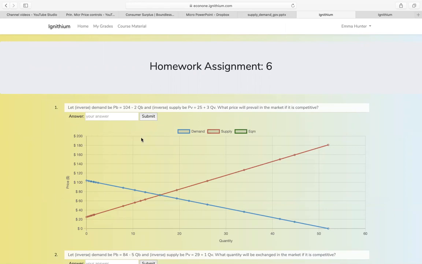So question number 1, normally the most confusing thing for students when they read this question is they say, what does he mean? Or what does the question mean? What price will prevail in the market if it's competitive? Again, I want to remind you there's this metaphor in economics, just like there's a metaphor in biology.